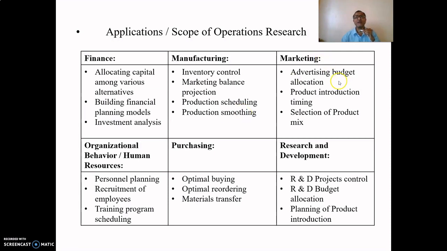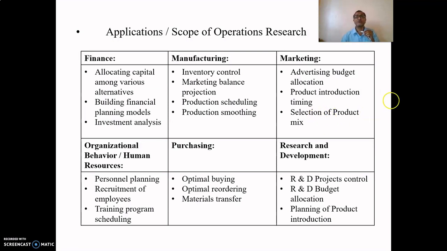Then in marketing: advertising, budget allocation, product introduction timing, that is the launching of the product in the market, and selection of the product mix. When you go for manufacturing a particular product, different ingredients have to be mixed in what proportion, so that decision has to be taken.